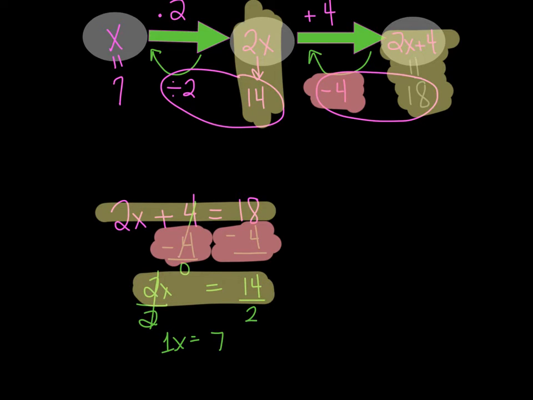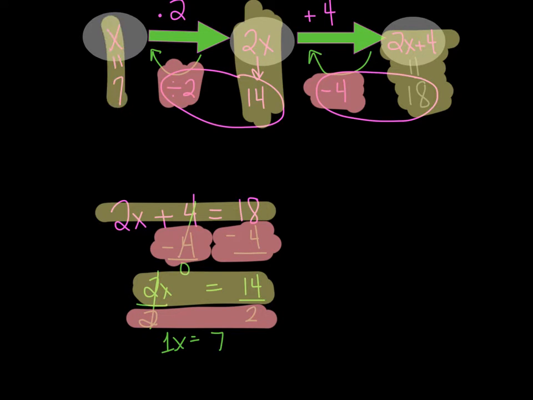I'm then left with division based on my flowchart. I can also see I have division by 2 on the next step of my funnel, and I'm left with x equals 7, and here I'm left with x equals 7. So every step in our traditional method will actually mirror what we've been practicing in the flowchart with backtracking.